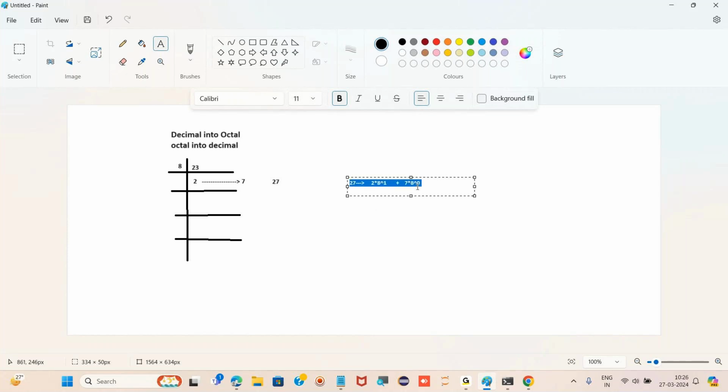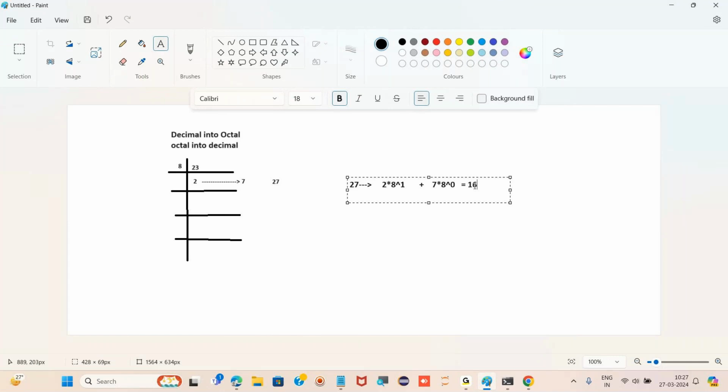Is it visible now? The value for this, 7 multiplied with 8 power of 0, that is 1. So 7 multiplied with 1 is 7. And 8 power of 1 is 8, then 8 multiplied with 2 is 16.